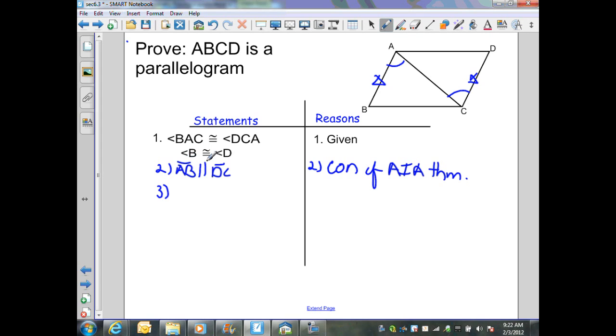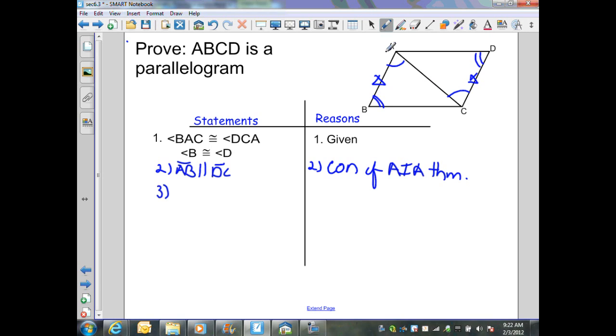The second part of the given is angle B is congruent to angle D. That does not give us both pair of opposite angles of the quadrilateral congruent. B and D are opposite angles, but these are not the entire angles of the quadrilateral, so I need more information. But I do recognize I have two triangles, and each of those triangles have two pair of angles congruent to them. Therefore, I can get these two triangles congruent.